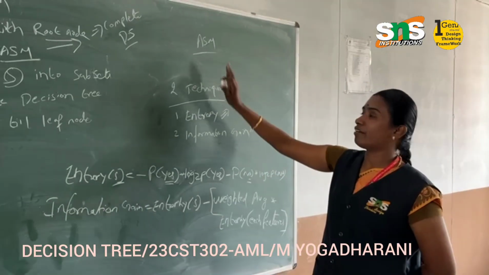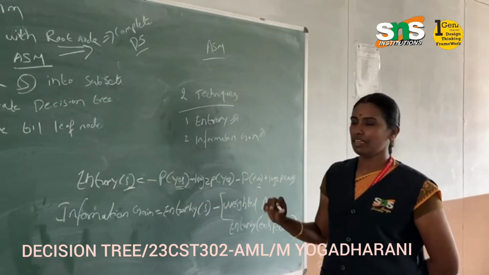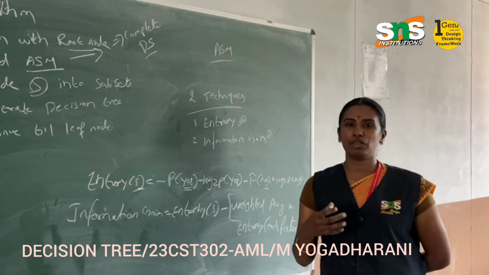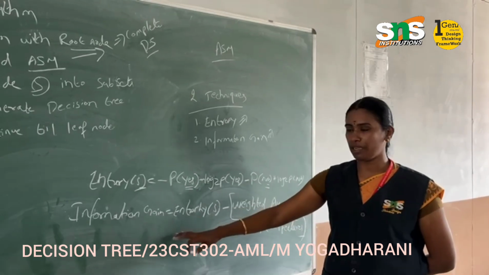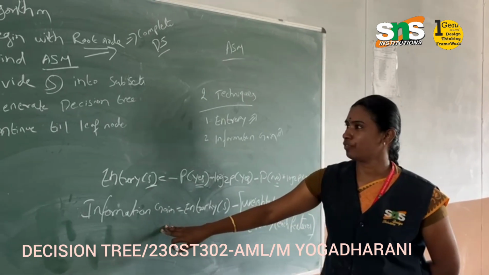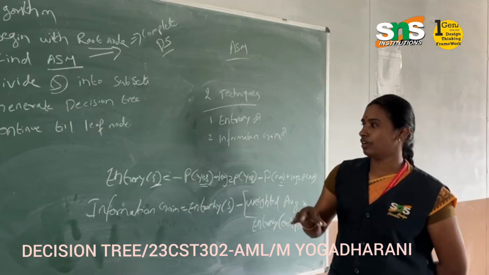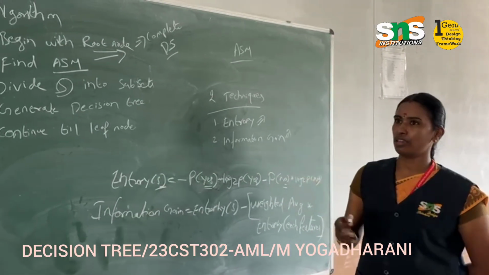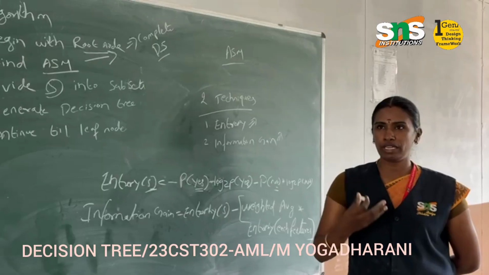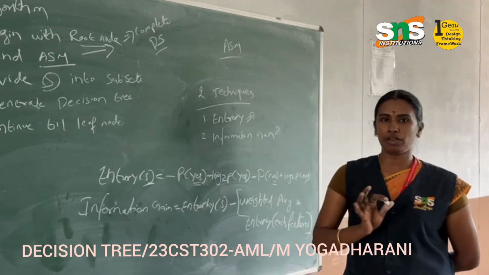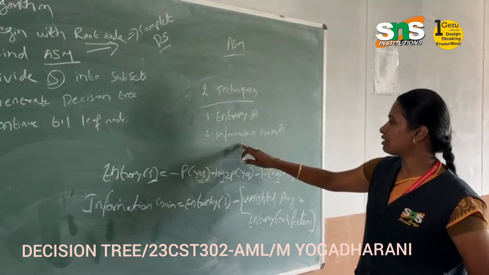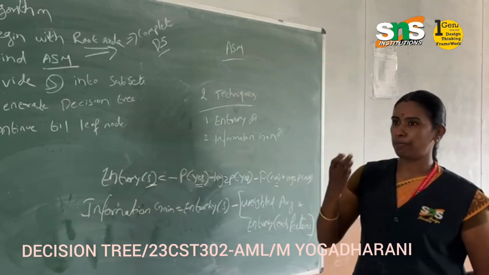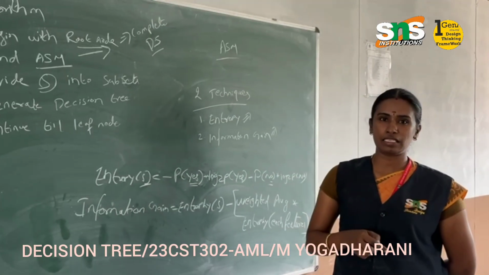And the second technique of ASM is information gain. Information gain is the measurement of changes after the entropy, and the segmentation of the data set for the best attribute. It gives the information about the features. It provides details about the class, splits the node, and then builds the decision tree.